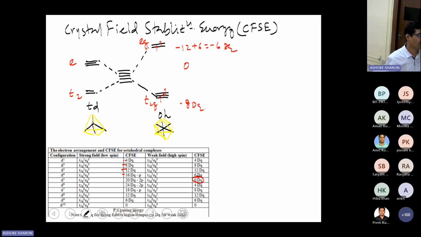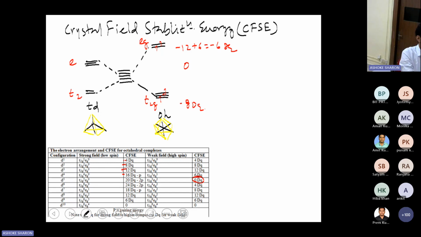That comes from the symmetry consideration. Octahedral geometry is symmetric in nature, so the g terms come, but the tetrahedral geometry is not symmetric, so the g terms do not come. These are known as the Mulliken term symbols. In these Mulliken term symbols, the g terms don't appear.